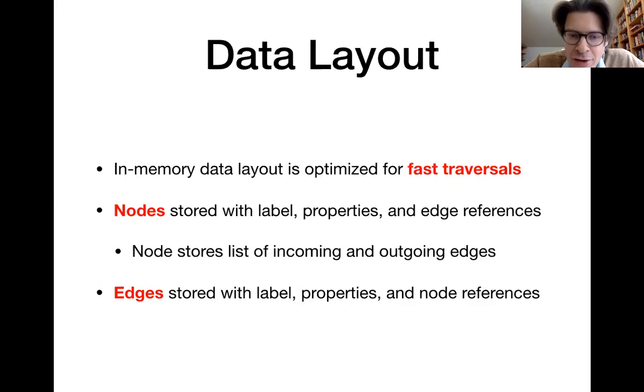Also, we store the edges separately with the labels and properties and with references to the nodes that are involved in those edges. We might also have indexes that allow us to very quickly identify nodes with specific properties or with specific labels.